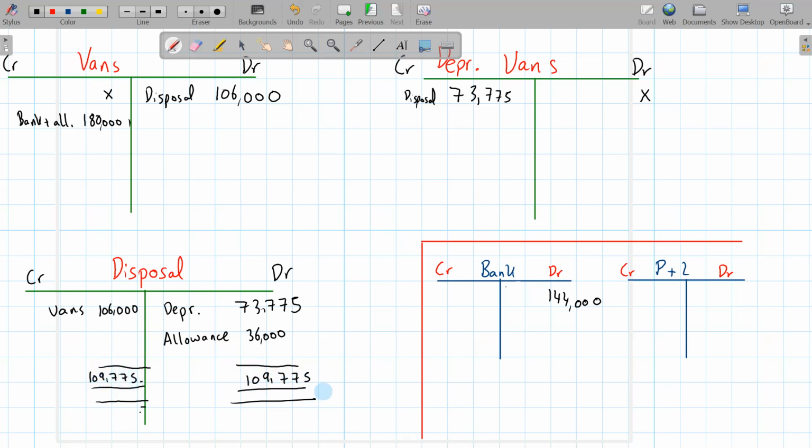So with that, we need to balance this. Our profit or our loss goes into a profit and loss account. 3,775. If I double entry that into my P&L, 3,775, going back to Earl, your expenses, assets, revenue, liability.